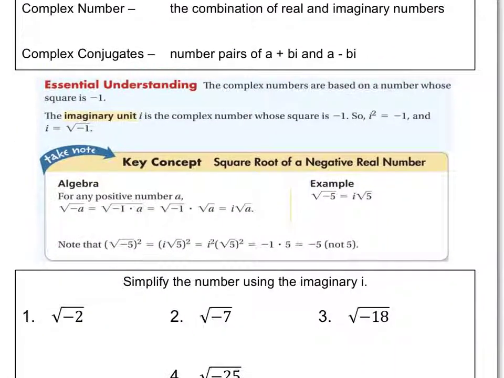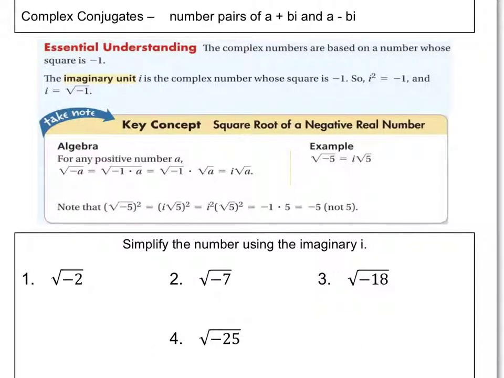Let's look at the essential understanding here. The complex numbers are based on a number whose square is -1. The imaginary unit is the complex number whose square is -1. So if i squared is equal to -1, how would I solve that equation?